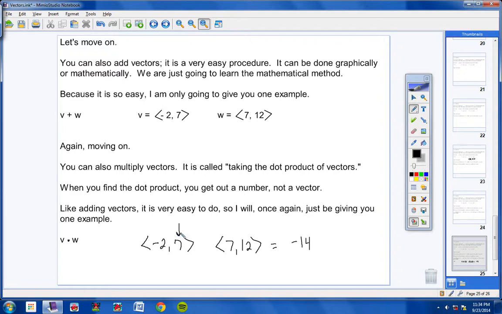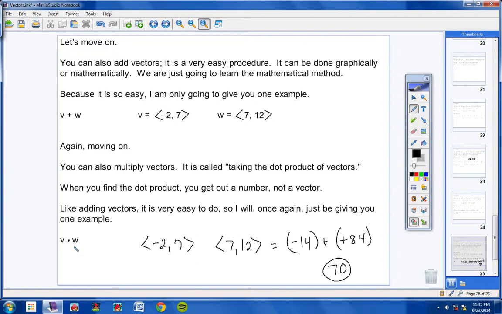Then you take your last number and your last number, and you multiply those together, and you get a positive 84. And then you always add these two numbers. You never subtract them. You never multiply them. So negative 14 plus positive 84 would be 70. So there you go. That's the dot product of V and W, V times W.